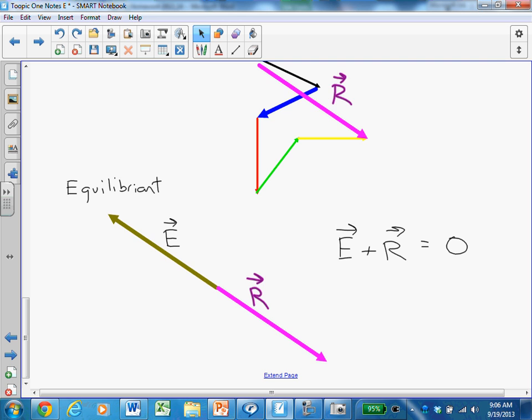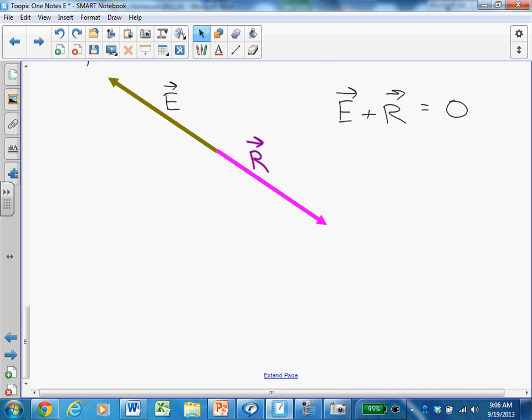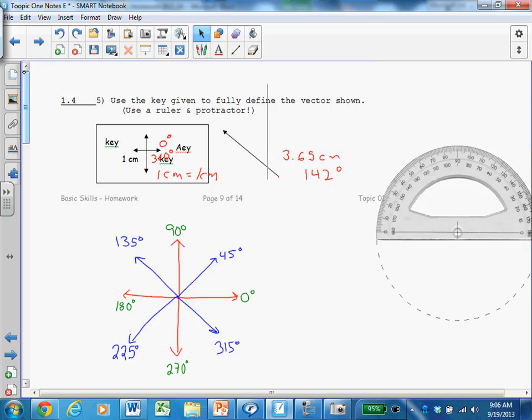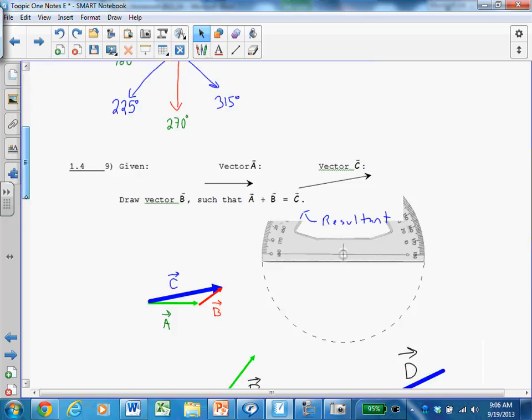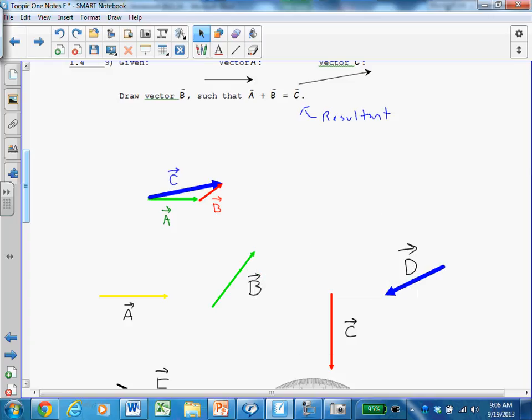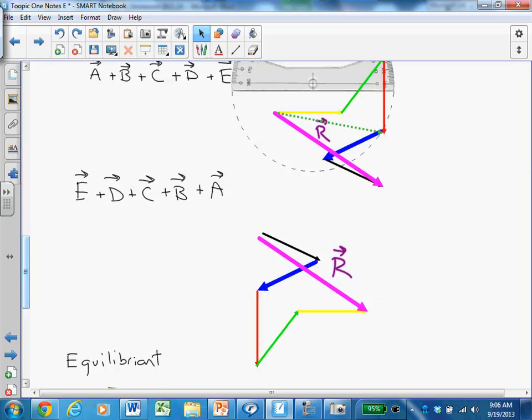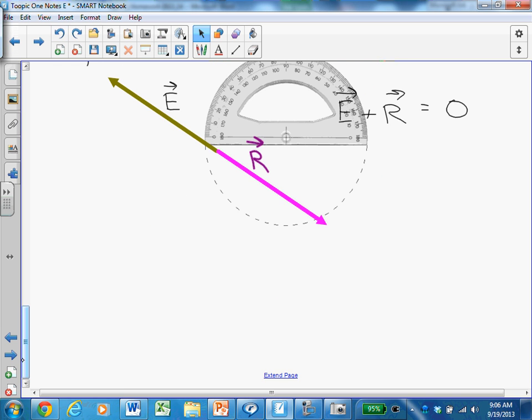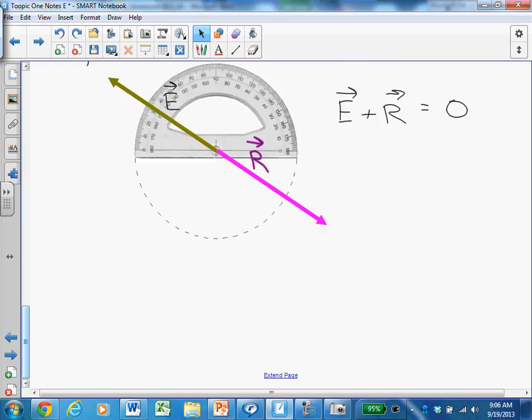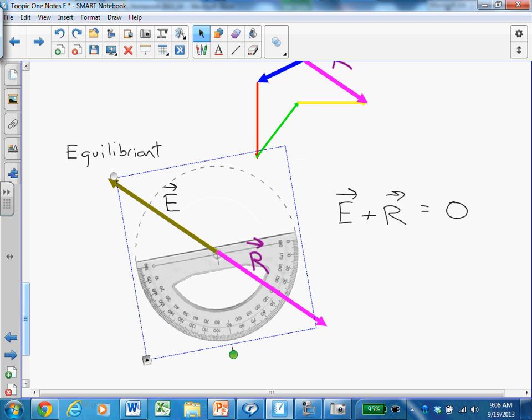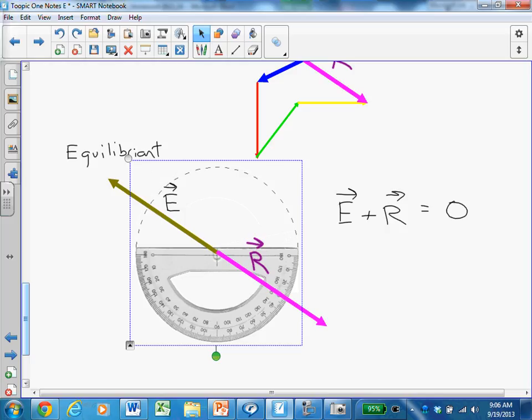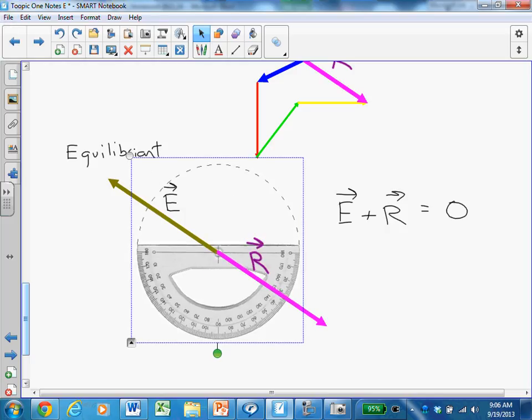So this R here, if I use the protractor and measure R, this is 360, so R would be a little less than 330.